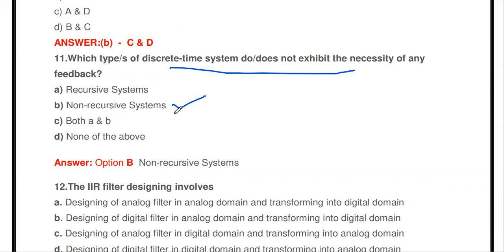In order to design a non-recursive system, we do not need any feedback. Feedback means taking the previous output, where the present output depends on the previous output. So the system that does not need any feedback is the non-recursive system.